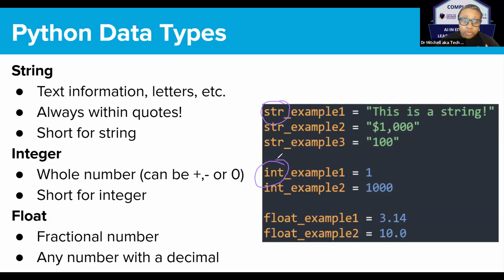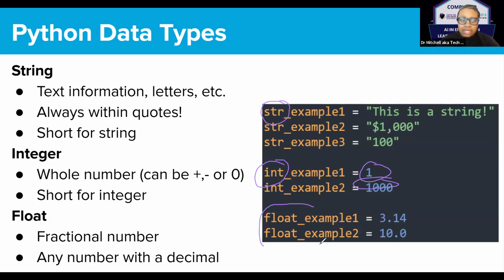It is a whole number. It can be a positive number, a negative number, or zero. And this is the value here and here for integer. And then that bonus one that I was saying about is a float, which is any number with a decimal.